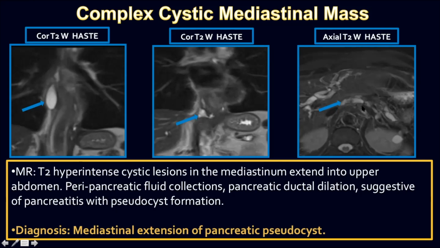So all of this was suggestive of pancreatitis with pseudocyst formation, which was extending into the mediastinum. So this was really extensive, and MR is sort of like one single imaging modality which can give you all the answers, giving you the extent of disease and exactly what is going on in this patient.